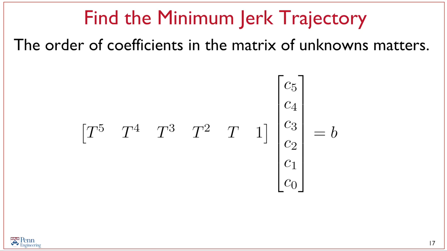If we reverse the order of the unknown coefficients in the second matrix term on the left-hand side, we must also reverse the order of the terms in the first matrix term. We can change the order of the unknown coefficients in the second matrix term however we want, as long as we make sure the corresponding coefficients in the first matrix term match up. When solving the complete problem, it is important that we order the unknown coefficients in the second matrix term in the same manner for all constraints.